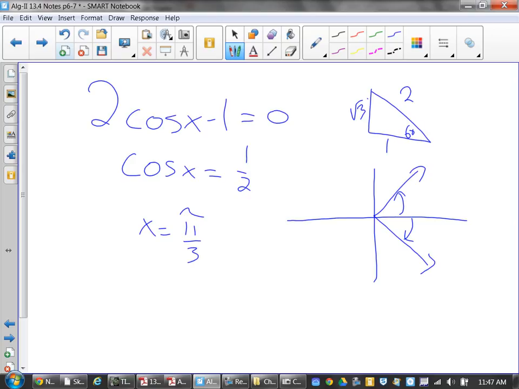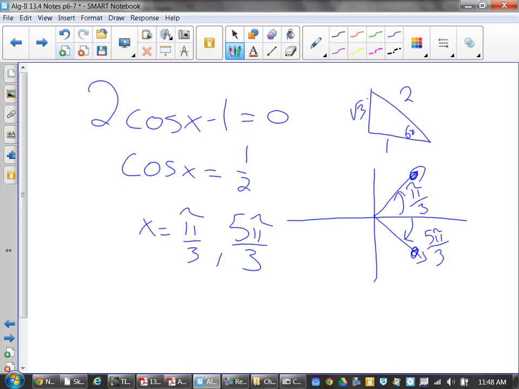This gives you your reference angle in the first quadrant of pi over 3. What's the other angle in the fourth quadrant that has the same reference angle? 5 pi over 3. Because 2 pi is the same thing as saying 6 over 3, so you subtract the pi over 3. So these are the two angles that have a cosine value equal to 1/2.